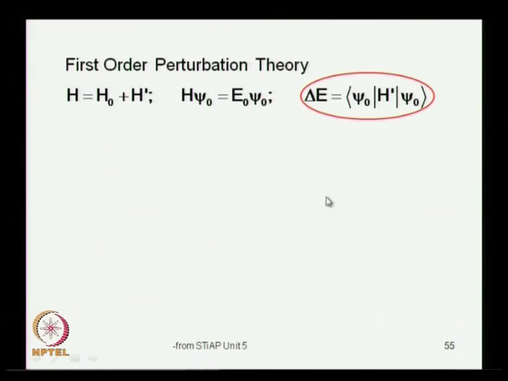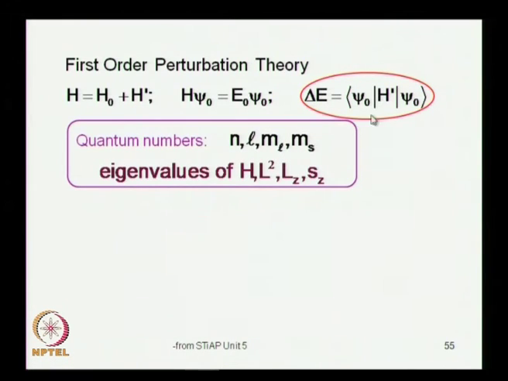So, those considerations lead us to the determination of the perturbation correction, which is given by the usual form of first order perturbation theory: the first order correction is given by the matrix element of the perturbation Hamiltonian in the unperturbed state. And now these states are described by quantum numbers which are eigenvalues of operators which commute with each other.